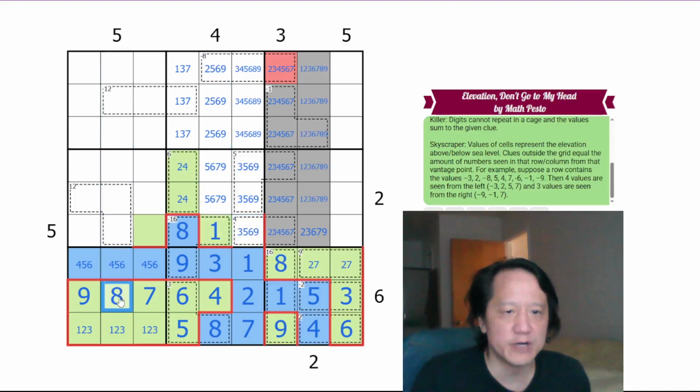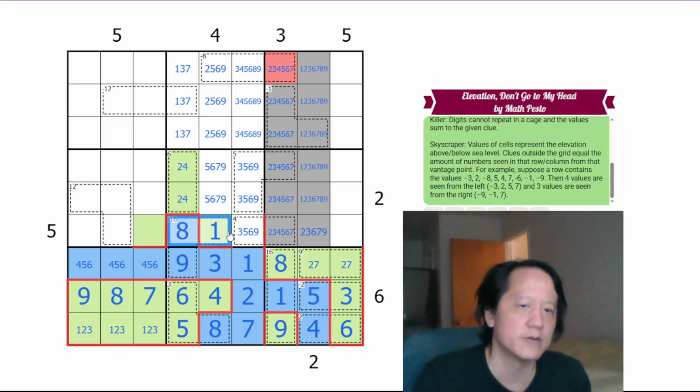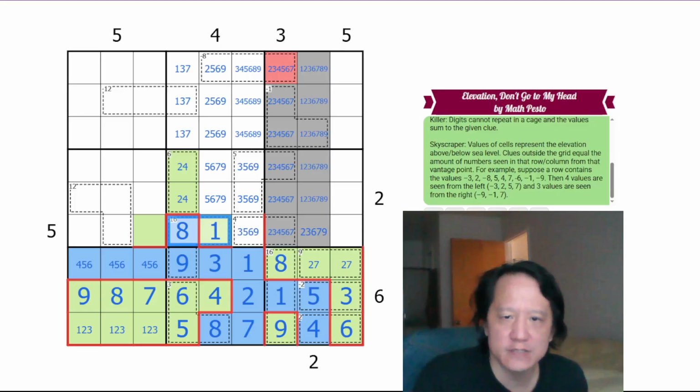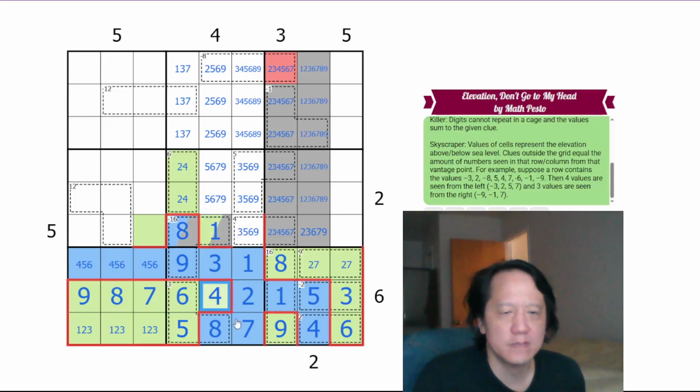This will definitely spot the 8 unless we have a 9 in front. I guess that's possible. This will not spot the -8. It will not spot the 1 here either. So these are not seen. Interesting.